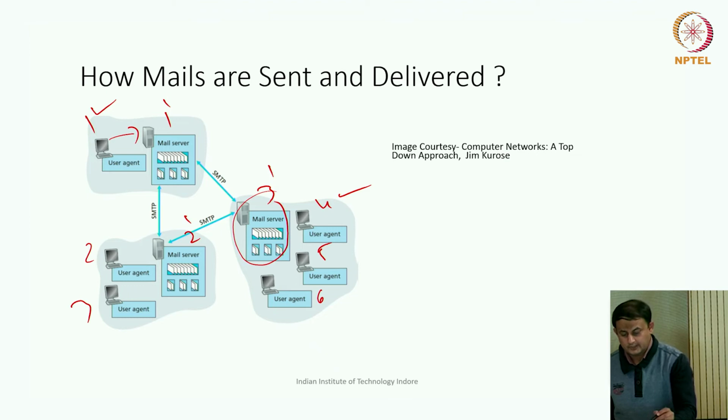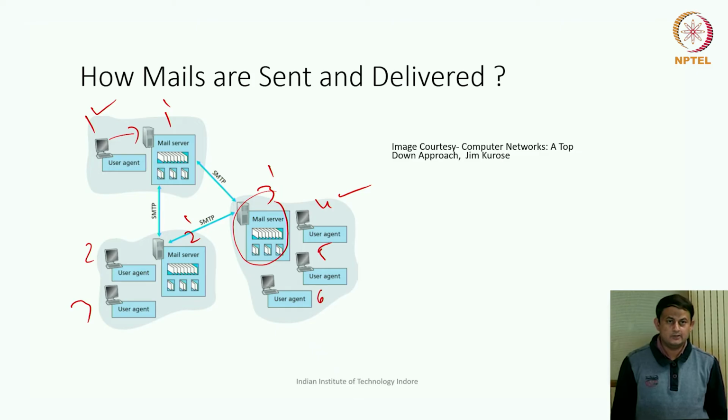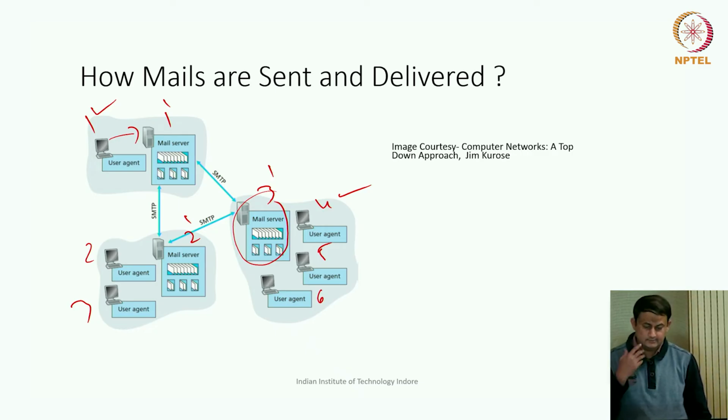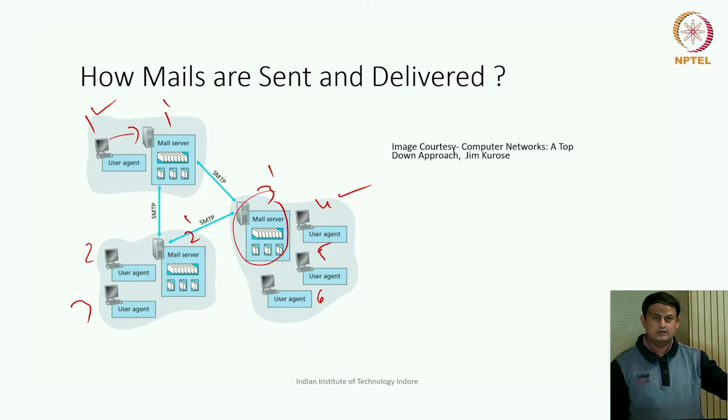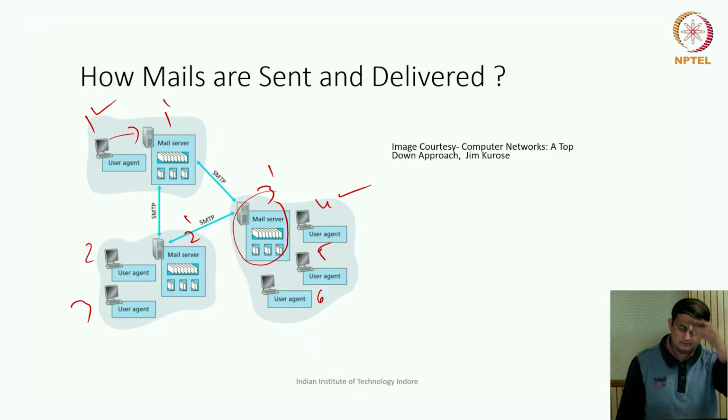So 1 prime establishes a connection with 3 prime using a protocol called SMTP, the simple mail transfer protocol. Using that protocol, mail server 1 prime delivers the message to 3 prime, where it gets stored, and whenever user 4 logs in, he can download that message and see it in his inbox.